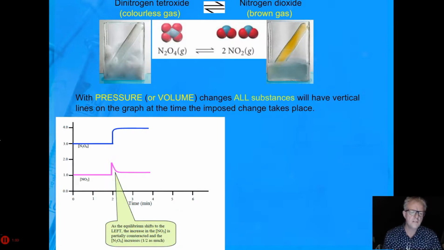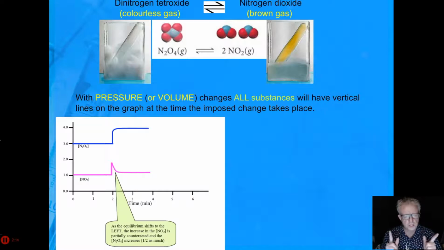So let's have a look at this graph here, okay? They're all hunky-dory, all nice and at equilibrium up until around 2 minutes. Just before the 2-minute mark, something happened. You can see there's a sharp spike with the nitrogen dioxide, but there's also a sharp spike with the dinitrogen tetroxide. So both chemical species were affected.